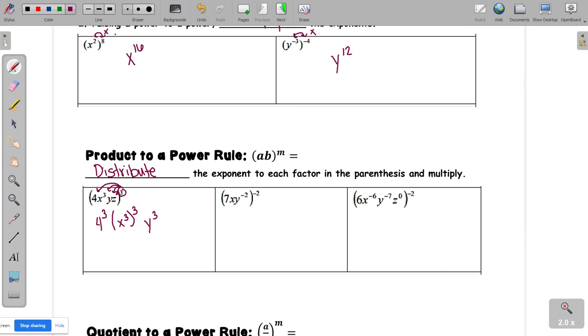And lastly to z to the third. And now we're going to simplify. We have a power raised to a power, you multiply. 3 times 3 is 9. 4 to the third, we're going to simplify, which gives us 64. And bring out everything else as is.